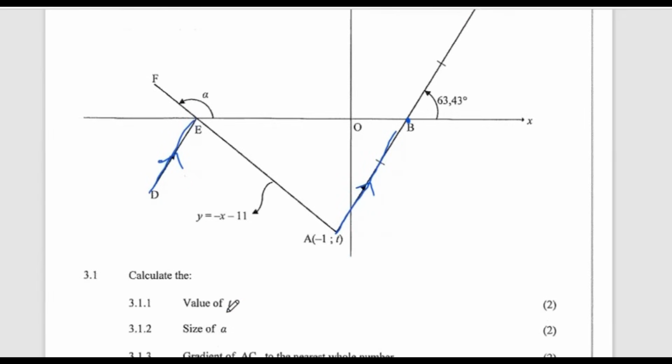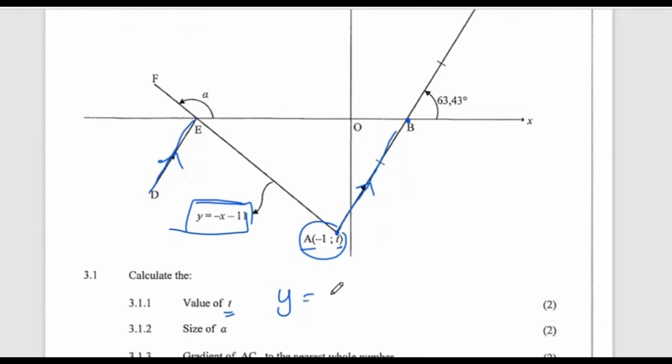First question, they want us to get the value of t. So where is t? t is by point A. Since we have the equation of the line onto which t lies, we can just substitute this point into the equation of the line. Because if a point is lying on the line, that point must satisfy that equation.